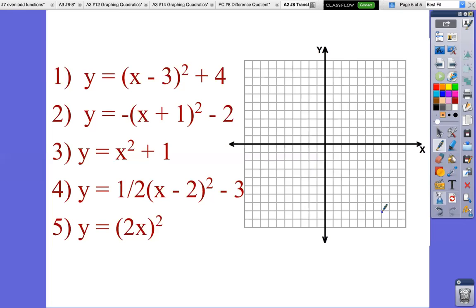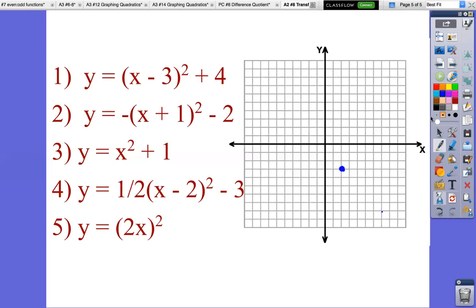I know that there's going to be some people that get thrown off here. This is the heart of what we're doing tomorrow. Somebody tell me what's my vertex. 2, -3. Is this going to open up or is it going to open down?